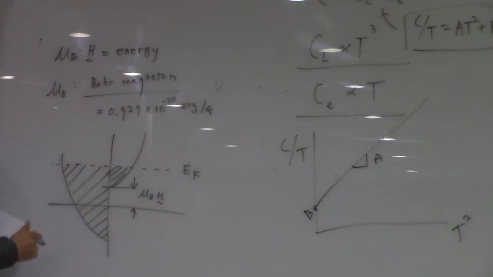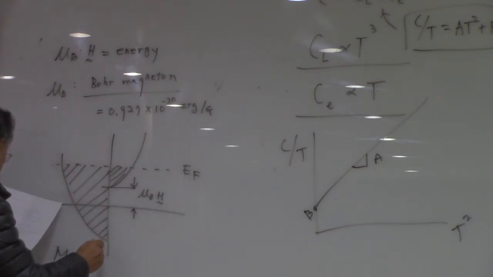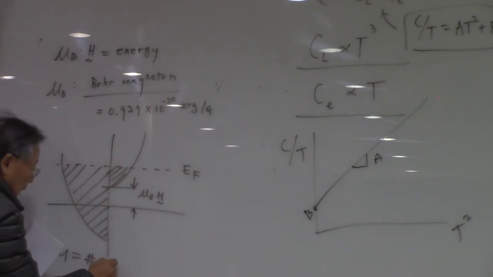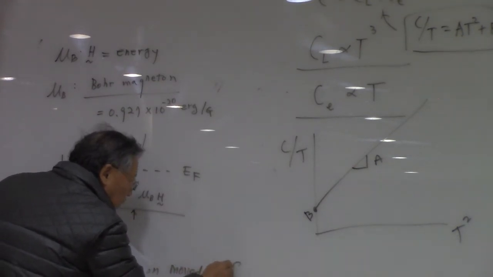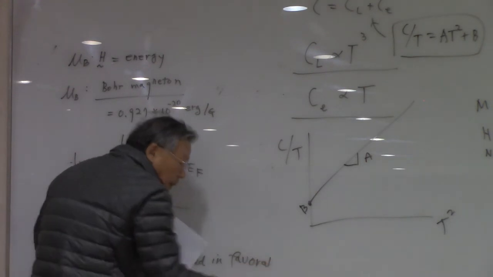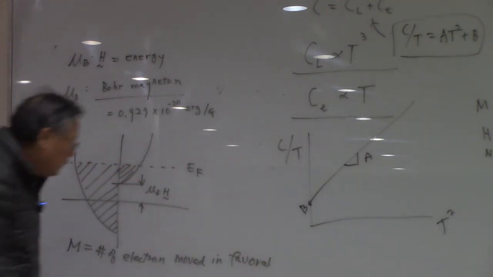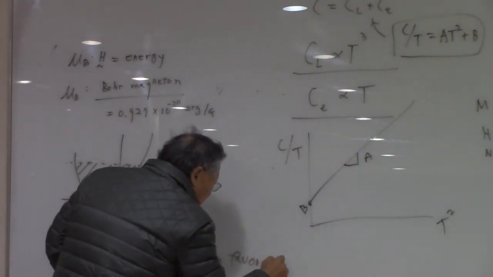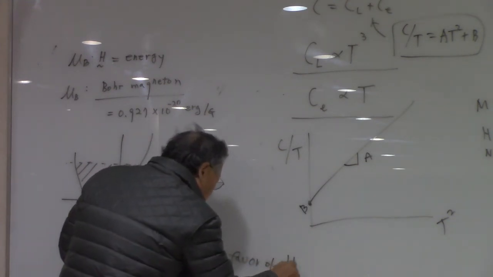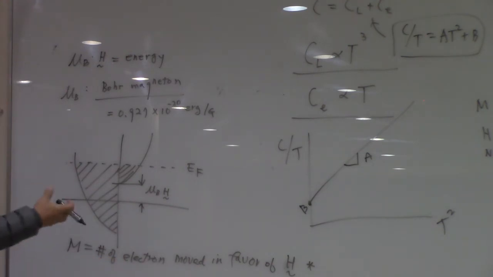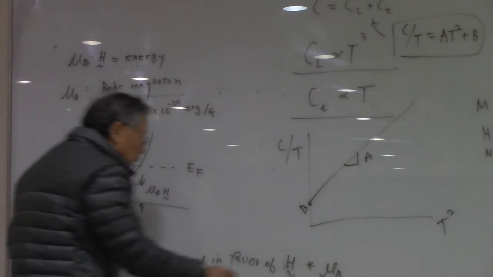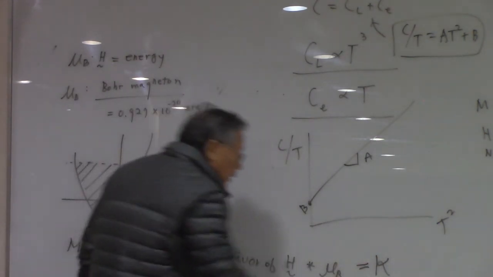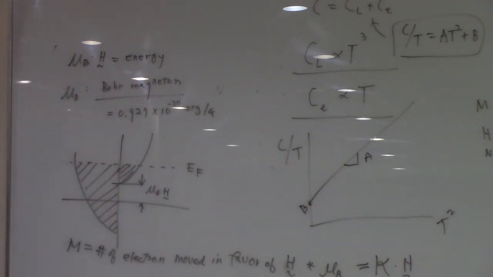So the net magnetic moment you can have is just the number of electrons moved in favor of the magnetic field, okay, times the magnetic moment that the electron has, mu B, okay, and that is going to be equal to the susceptibility and the magnetic field.